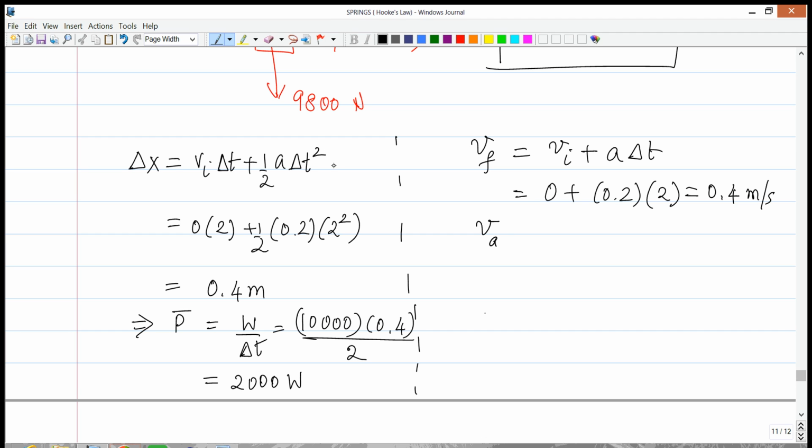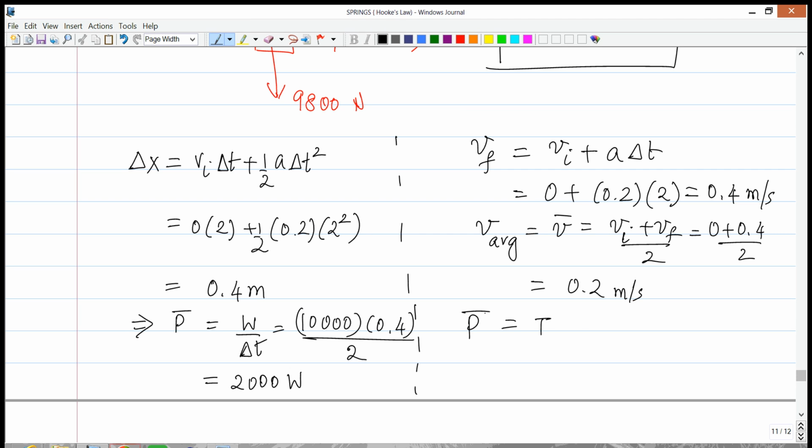Now my average velocity, which applies only when an object moves with a constant acceleration, is Vi plus Vf over 2, which is 0 plus 0.4 over 2, which is 0.2 meters per second. So now I have my average power equal to the force multiplied by the average velocity, which is 10,000 multiplied by 0.2, which is equal to 2,000 watts.